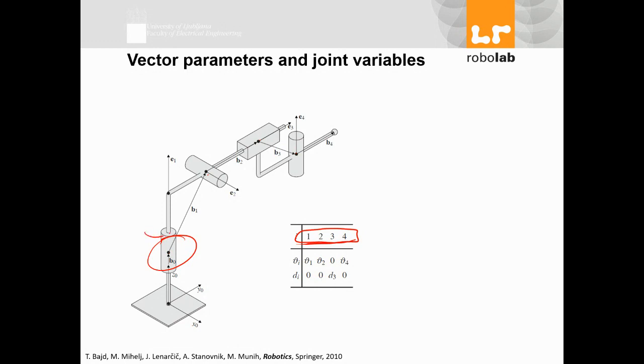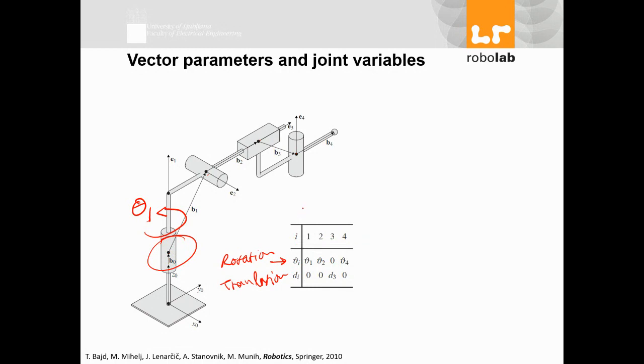So it's angle theta 1. So for joint number 1, there is rotation, no translation.